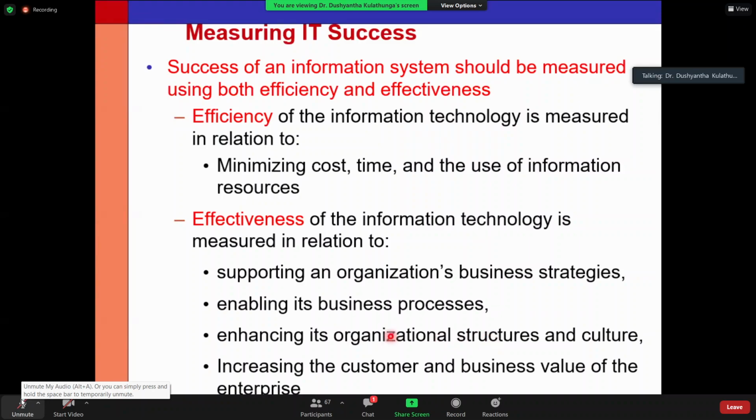That means when it comes to, say, decision making, we have to go through a long process, and you have to get maybe approvals from different people in the hierarchy or managers in the hierarchy and so on. So there can be a rigid structure which may delay decision making. That is one thing. And also when it comes to a rigid structure, responding to change is very, very difficult.